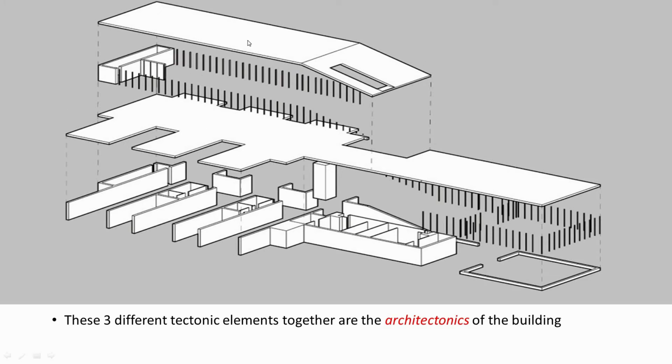And we have frames and columns, and we have walls that are defining the spatial arrangement within the building core, just the same as in that example I showed you at the very beginning of the Acropolis, where you have columns supporting everything above, and then within you have the different spaces, the cellular kind of arrangement of this particular building. Again, this is all of that stuff coming together to create the architectonics of the building.